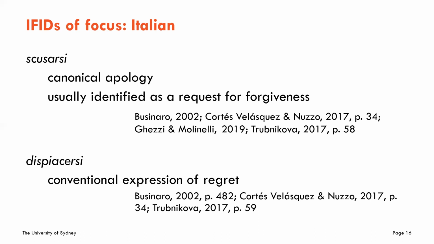So in English, we might say that scusarsi is very similar to apologize, which has that extra weight attached to it, whereas dispiacersi would be very similar to sorry, where you're expressing regret for something, but not necessarily implying that you yourself have caused that thing or done something wrong.